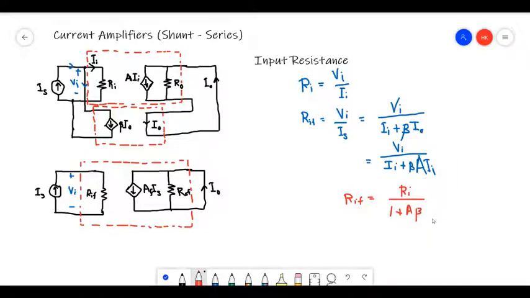So you can see that due to this shunt mixing, the input resistance of this current amplifier has dropped by a factor of 1 plus A beta. In a voltage amplifier, if you remember, the input resistance increased due to series mixing. Here, due to the shunt mixing, input resistance has reduced.